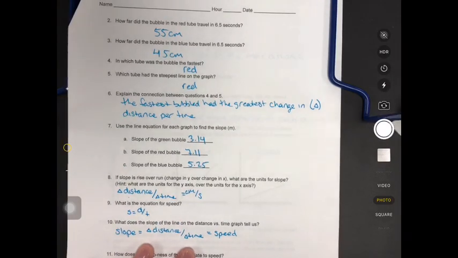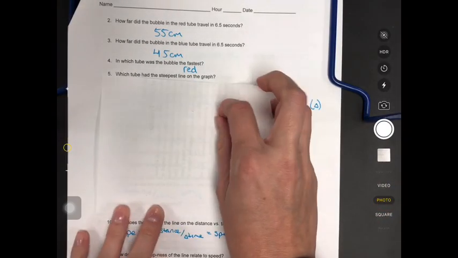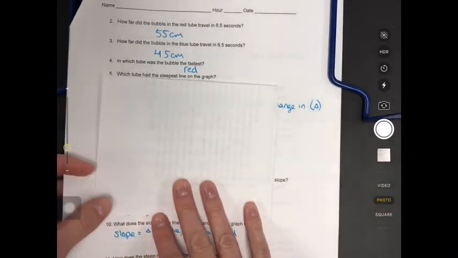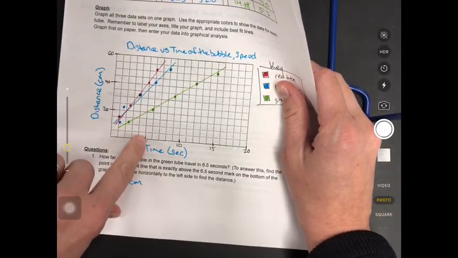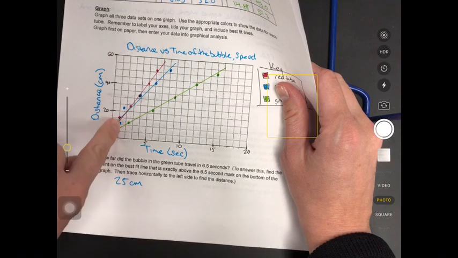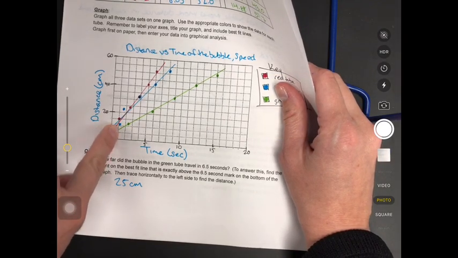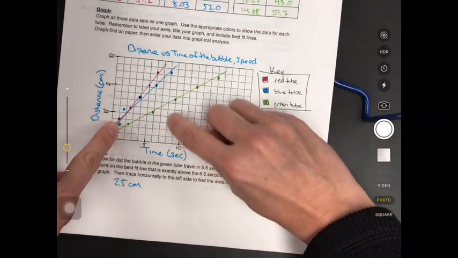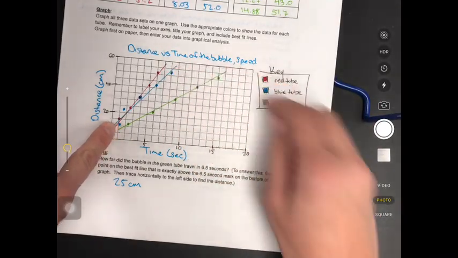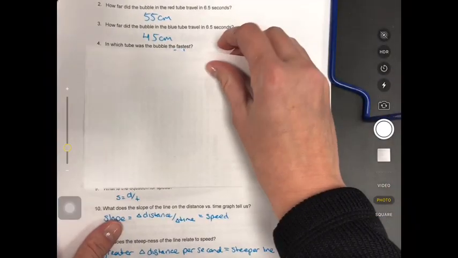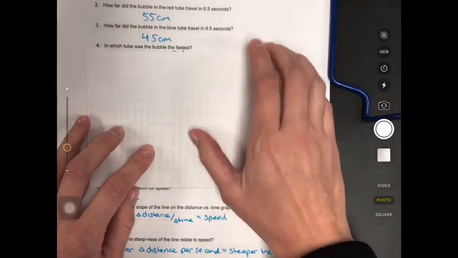How far did the bubble in the red tube travel, and how far did the blue tube travel? So again, we can look at our data, our lines, and say, okay, in 6.5 seconds, since these lines are steeper, maybe we want to start down here. So maybe we want to start from about 1 second to 7.5, and see how much each of them covered in that amount of time. So that would be 55 and 45.